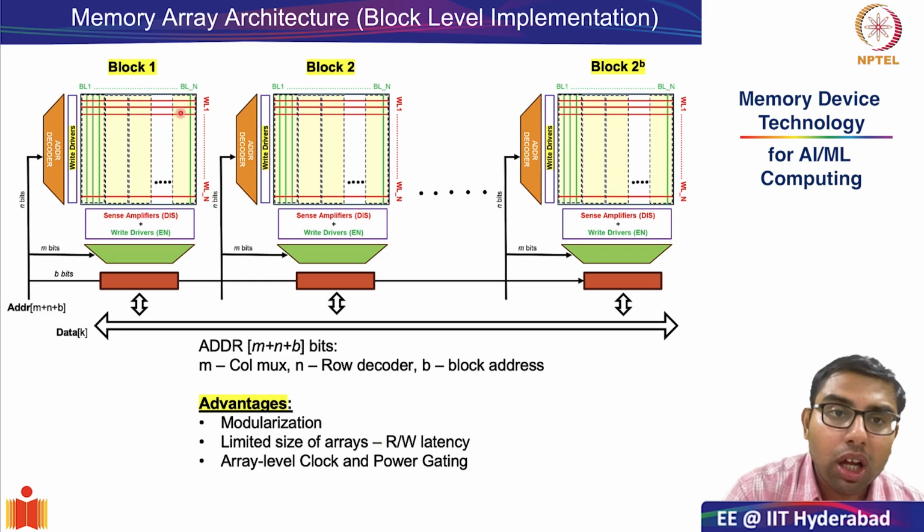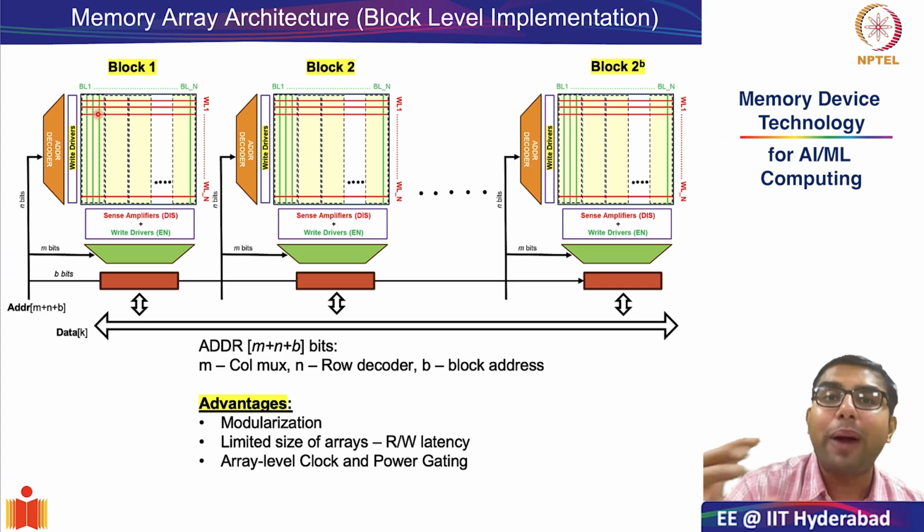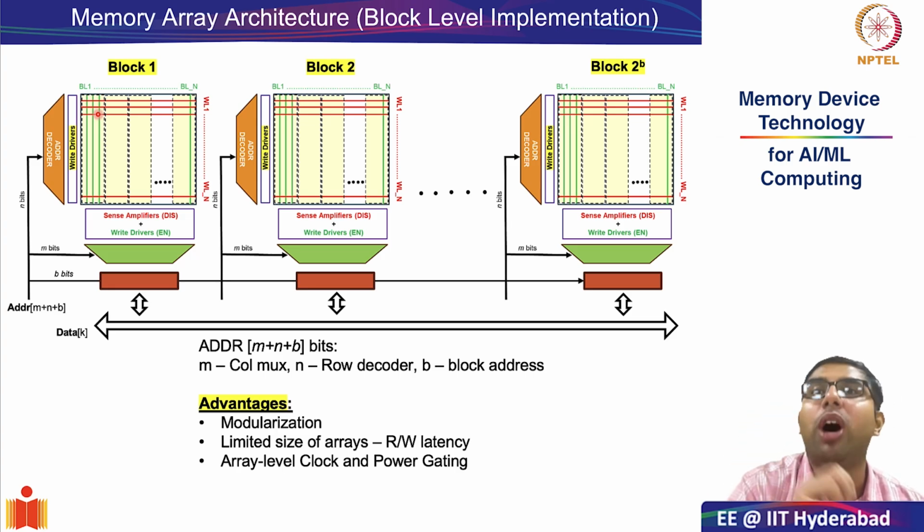So if the word line and bit line are too long, the read write latencies suffer. So by having block level design, you can expand the memory while your core unit or your fundamental unit remains small. And this is how you control read write latency.